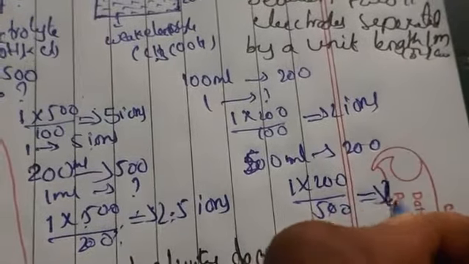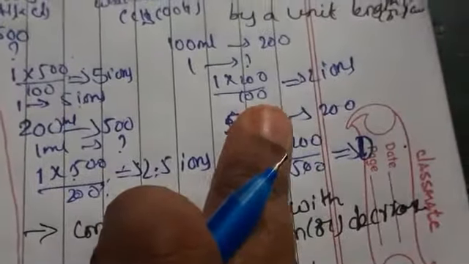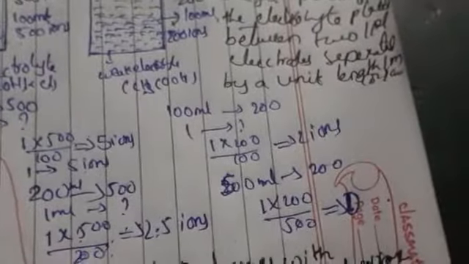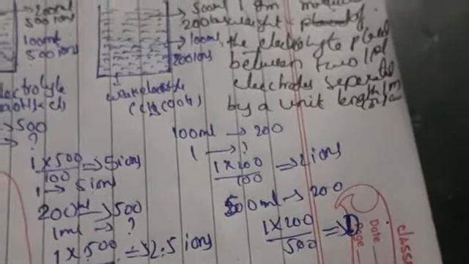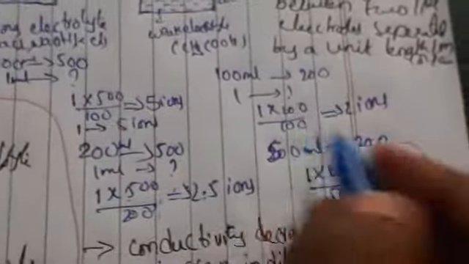So you will be getting 2 by 5. For 100 ml it is giving 200 ions, and for 500 ml it is giving 200 ions.